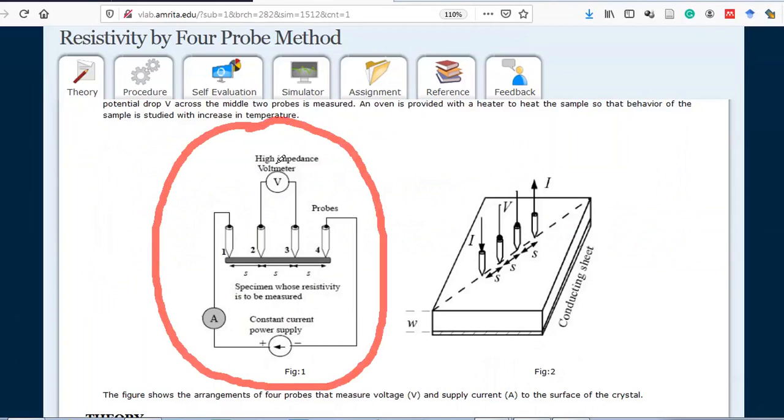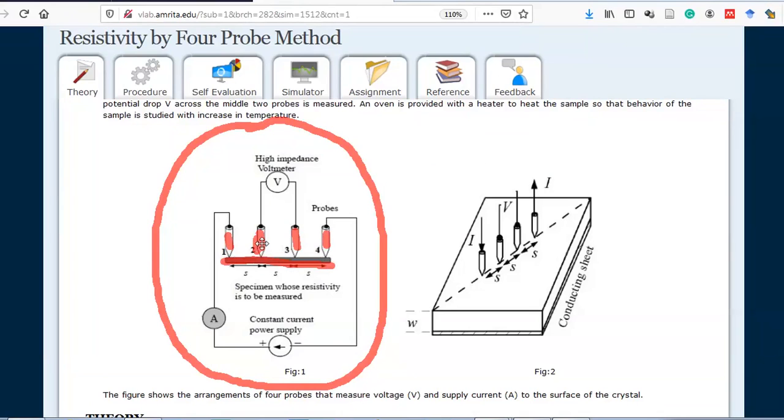Now in this figure, if you see carefully, there are 4 pins. This is pin number 1, this is pin number 2, this is pin number 3, and this is pin number 4. This black colored strip which you see is your semiconductor sample, in layer form. On top of that you have connected these 4 pins.